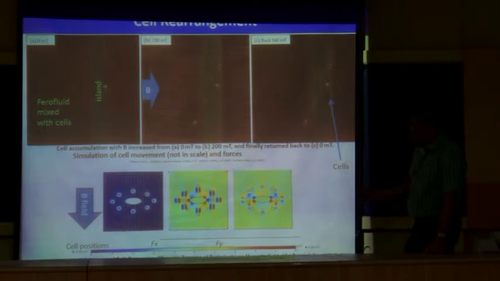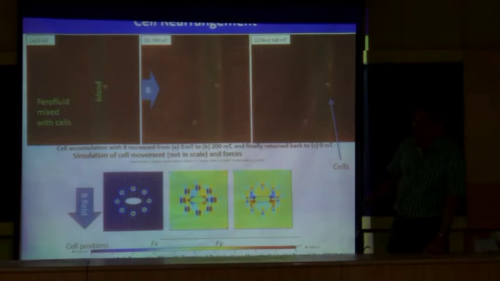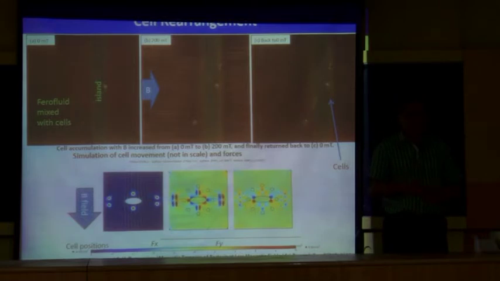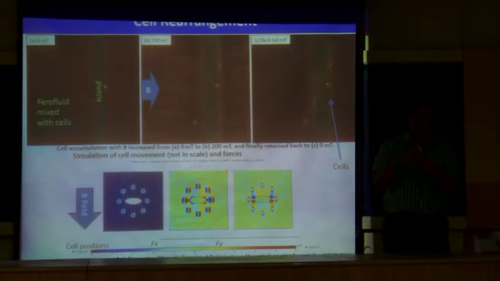We did some simulations also to show that that should be the case, and we could use this methodology of ferrofluid mixed with cells. The cells are not tagged, and you can then remove the ferrofluid just with a magnet. Then you're left only with the cells attached to the island.